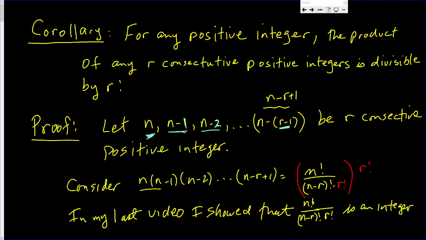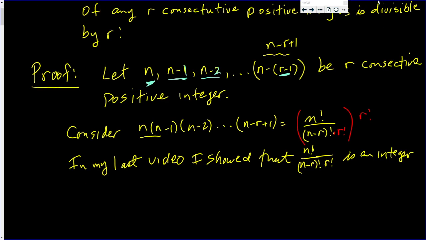Also, this, by definition, is the number of ways of choosing r objects from n objects. It's not possible for it to be 3.5. How can there be 3.5 ways, for example, to pick 2 objects from 5? By definition, this is an integer.